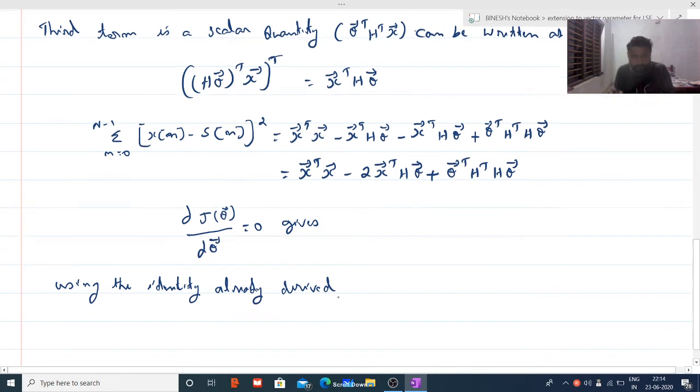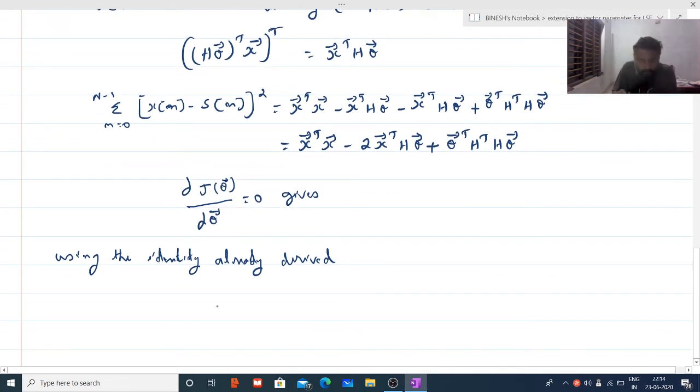What? Dou by dou theta of b transpose into theta equal to b, and dou by dou theta of, some problem.